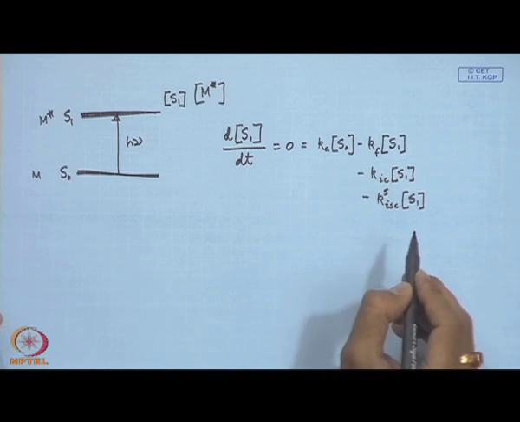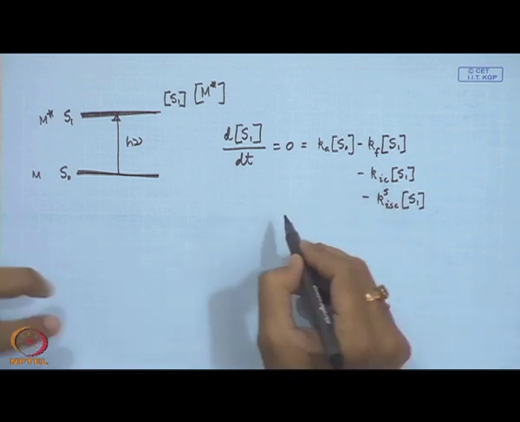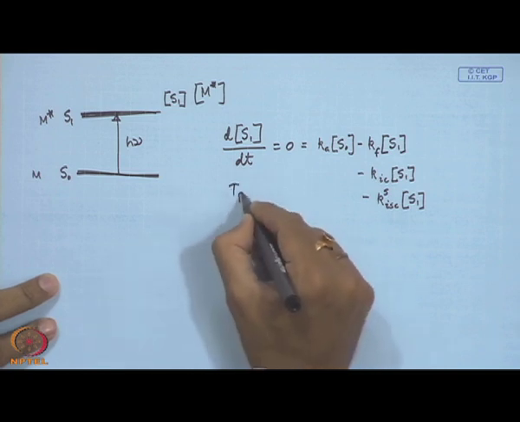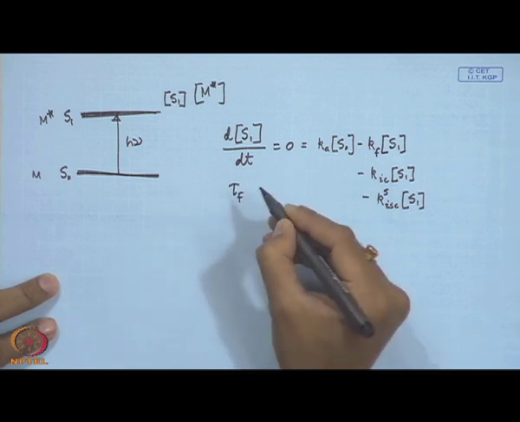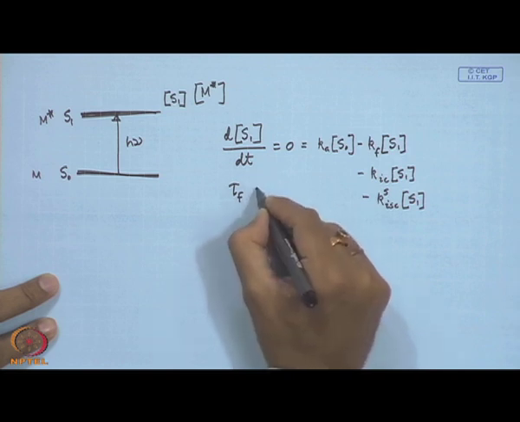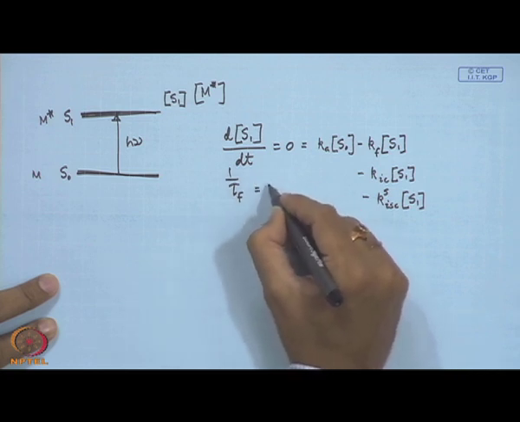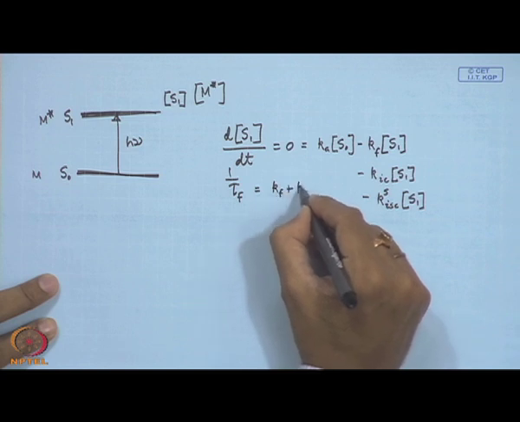So from this we can say that if the fluorescence lifetime is tau f, then 1 by tau f we can write as the combined term, Kf plus K nr.